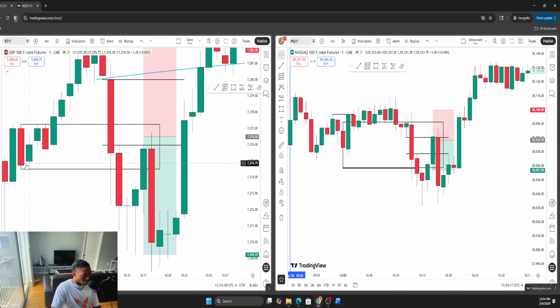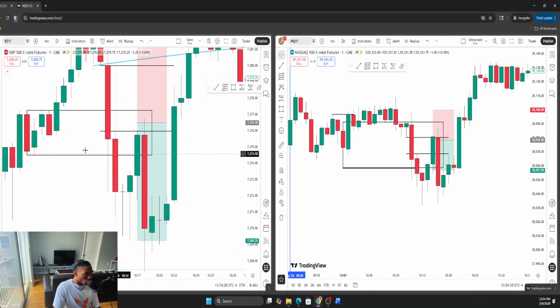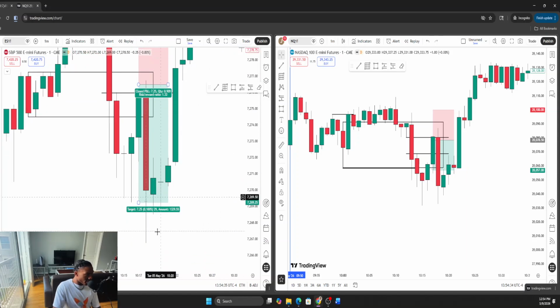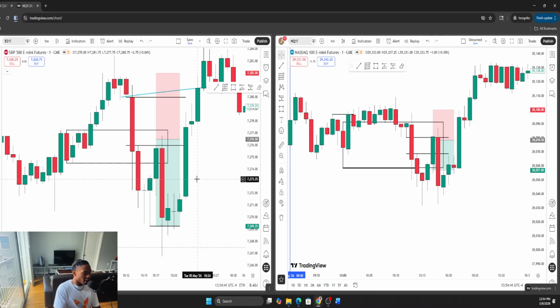When we close below this low is when this breaker actually exists. Now, with this breaker right here, we do not retrace it until our actual entry. Do you see that? The next point in which we're touching this breaker is right before we take our entry, and then price displaces to the area of liquidity. Does that make sense? That is the difference between a mitigated breaker and a non-mitigated breaker.